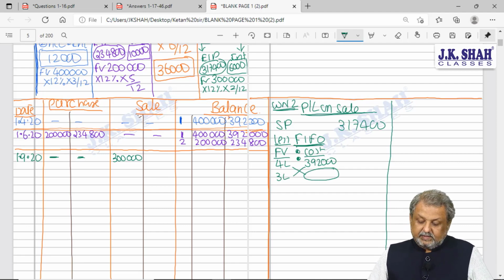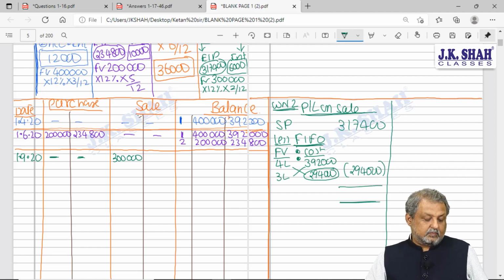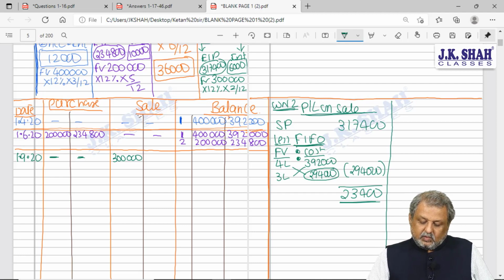Cross multiply. 2,94,000. So 2,94,000 is the cost. So profit on sale 23,400.